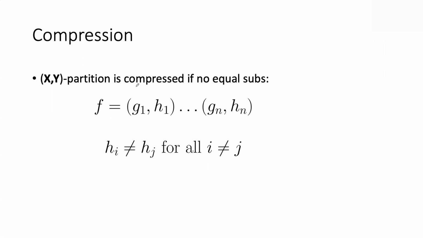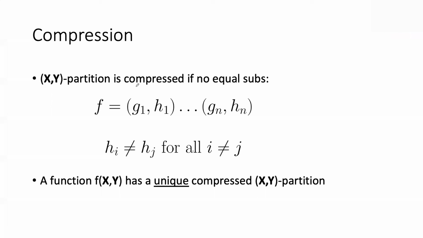And here's the surprise. And the reason why SDDs end up being canonical is that if you give me a function and you partition its variables into X and Y, and therefore you're computing an XY partition, there is a unique compressed XY partition. Once more, here's a Boolean function. I split its variables into X and Y, and I said construct an XY partition.